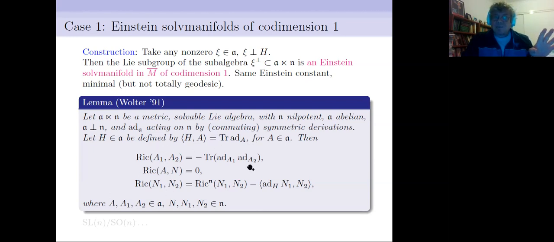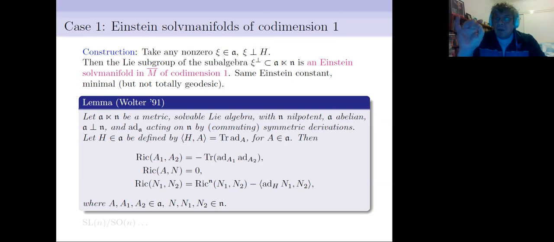And then we have these formulas which tell us what is the Ricci curvature of our metric solvable Lie group, right? So if we take two vectors from A, the Ricci curvature is given by the right-hand side of the first formula, and the Ricci of A with n is always 0, and the Ricci of n1, n2 is computed from the Ricci of the nilpotent group n, and something which depends on H, and of course on n1, n2.